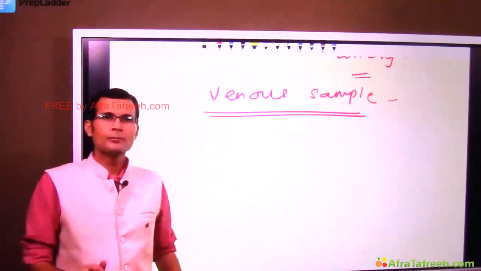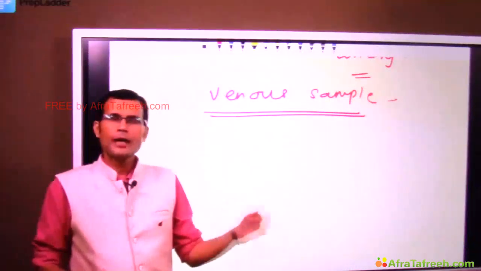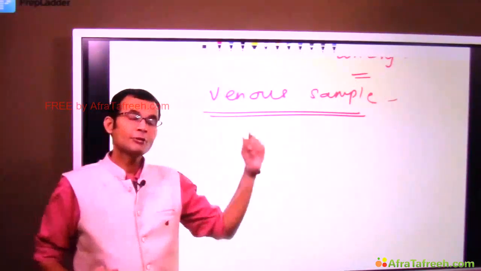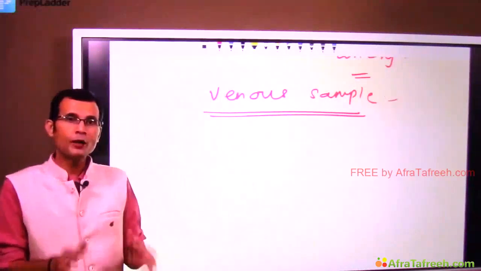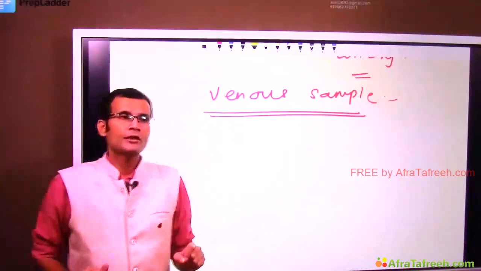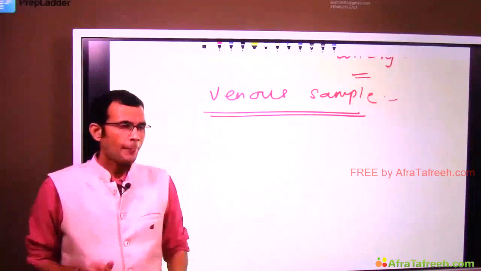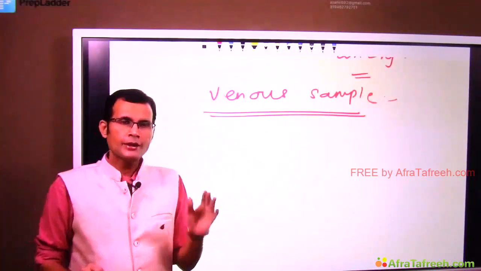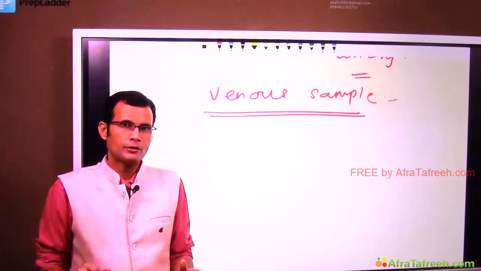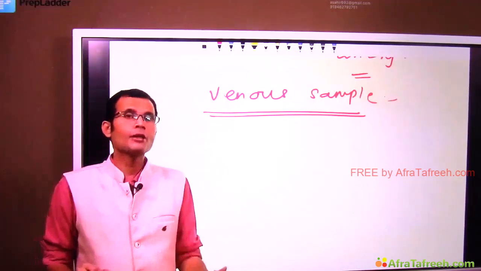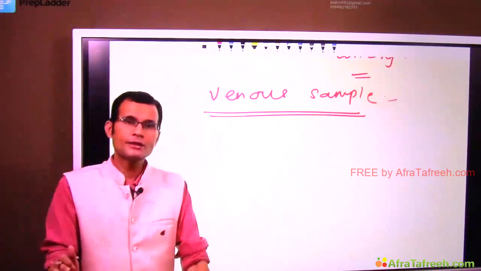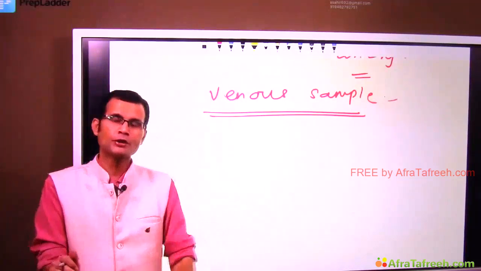Venous sample, can you take from femoral vein? No. Even if you have taken femoral artery, you can't take femoral vein. You know why? Because a particular vein coming from a particular part of the body, this venous sample, and I'm talking about oxygen level in the venous blood, it will depend on the oxygen consumption by that part of the body.